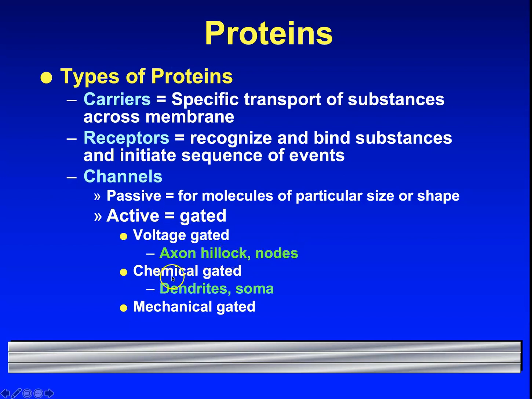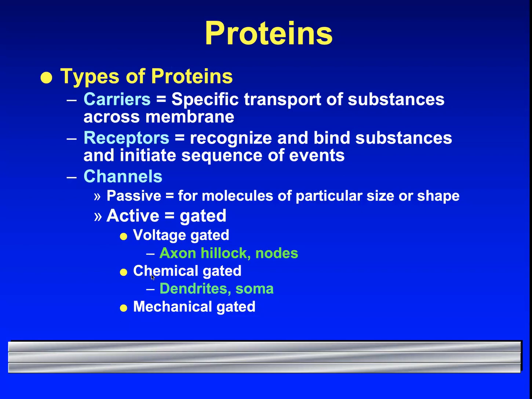All right, another type of gated channel, active channel, is called a chemically gated channel. Very similar thing. It's an ion channel, for instance, a sodium channel, that is closed unless the right key goes in. So if acetylcholine binds to this channel, it opens up, sodium comes in.